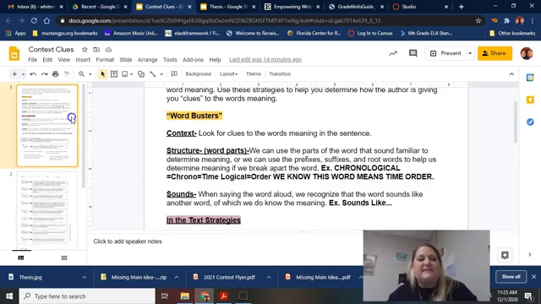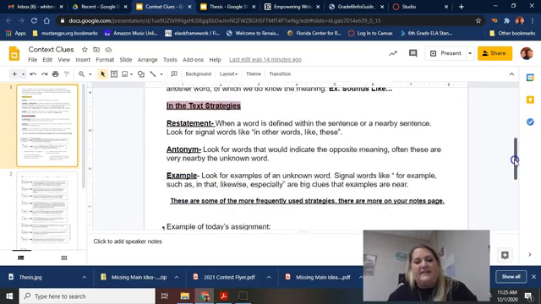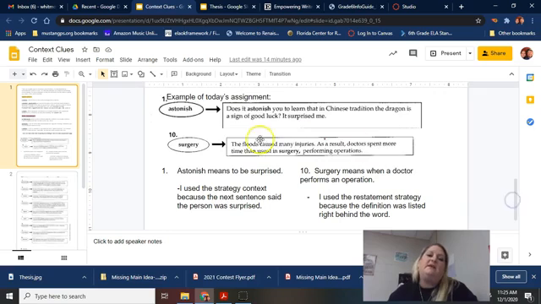All right, so for today's assignment, there is an example at the bottom of your page, and it says, "astonish," okay? So the word you're going to be working to identify is in the circle as well as bolded in the box. "Does it astonish you to learn that in Chinese tradition, the dragon is a sign of good luck? It surprised me."